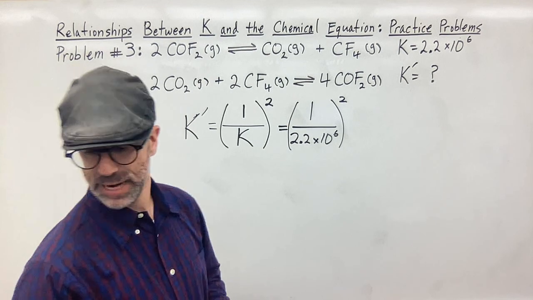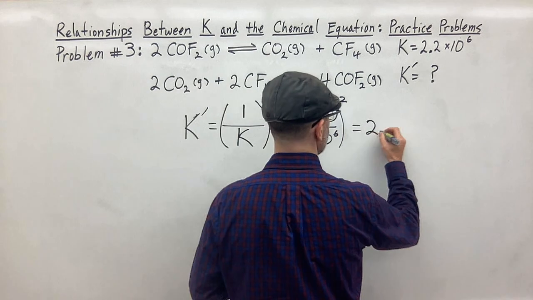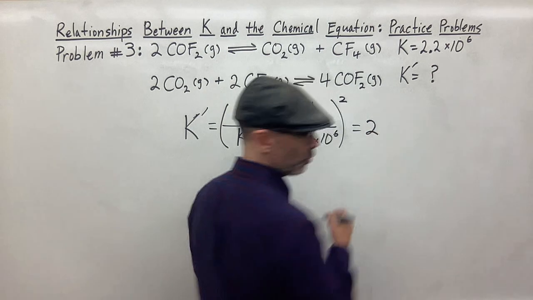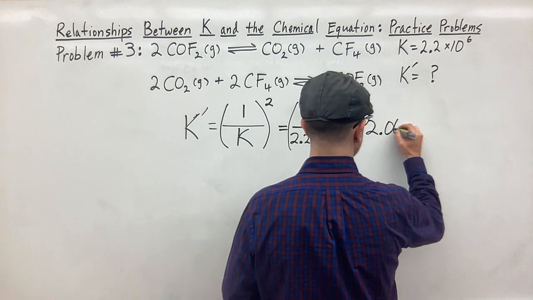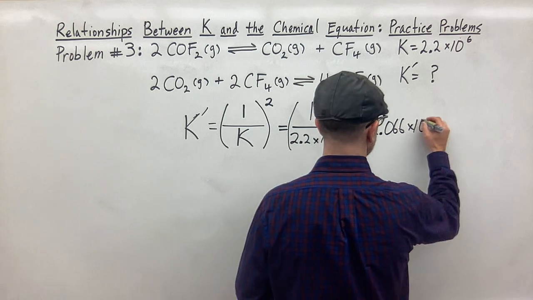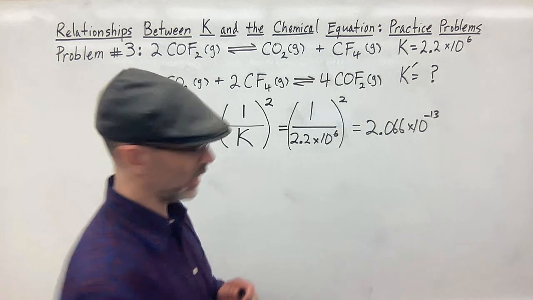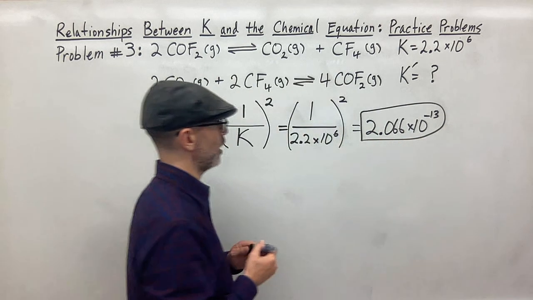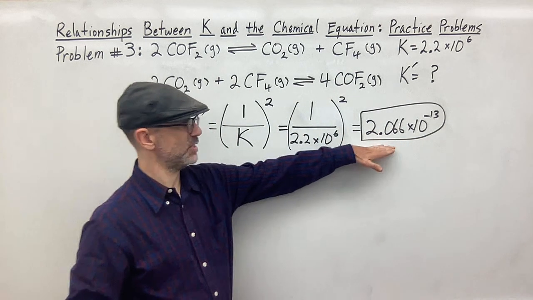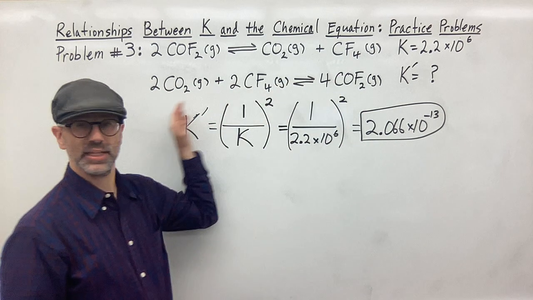And when I do that, I get our new K prime is equal to 2.066 times 10 to the negative 13 power. Let me double check that. That is correct. So this is my new K value. That's my K prime. So this is the equilibrium constant for this reaction here.